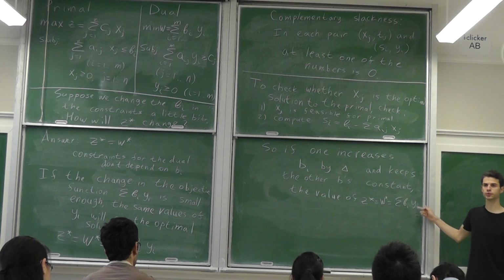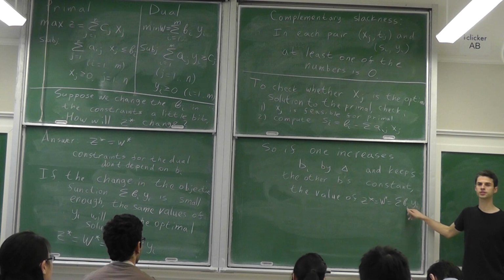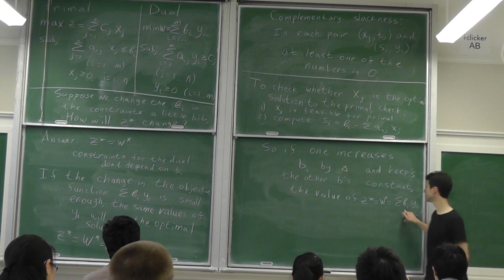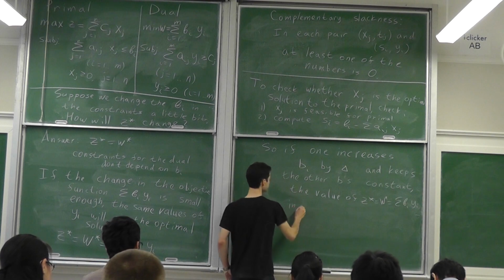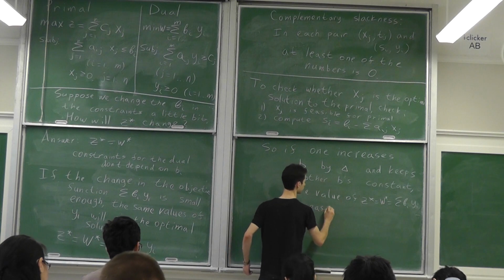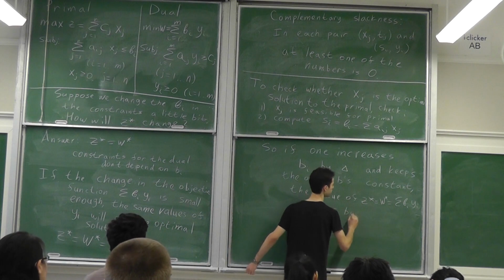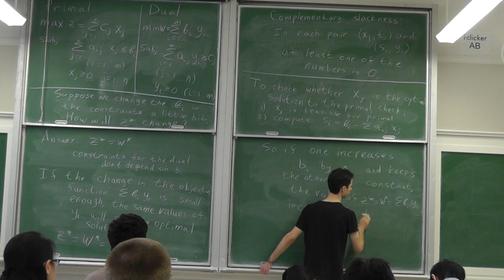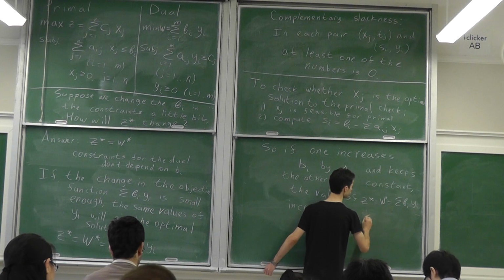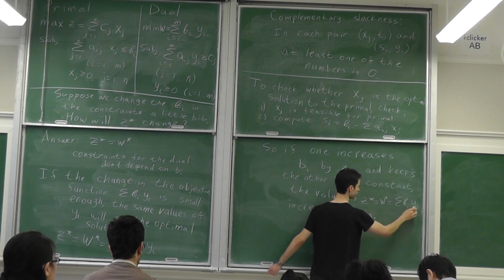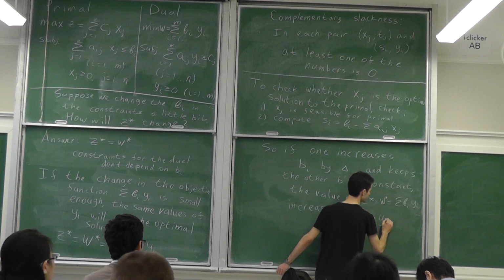Well, in this sum you change only one of the terms, the ith one. bi got increased by delta, and yi is still the same number.